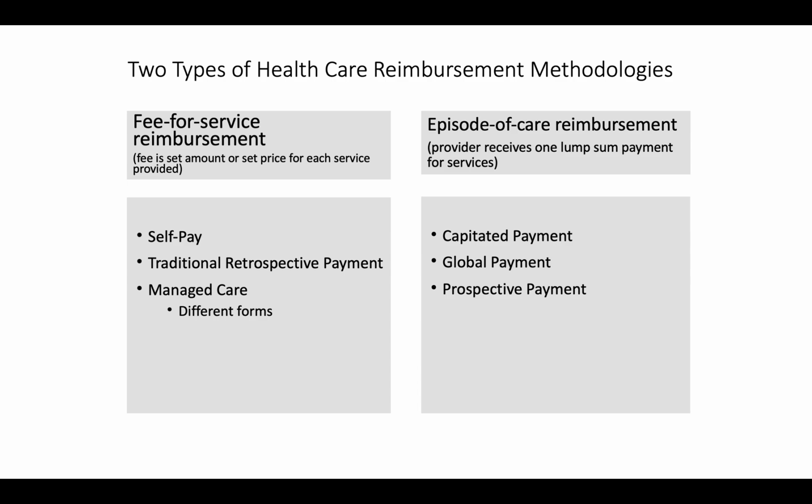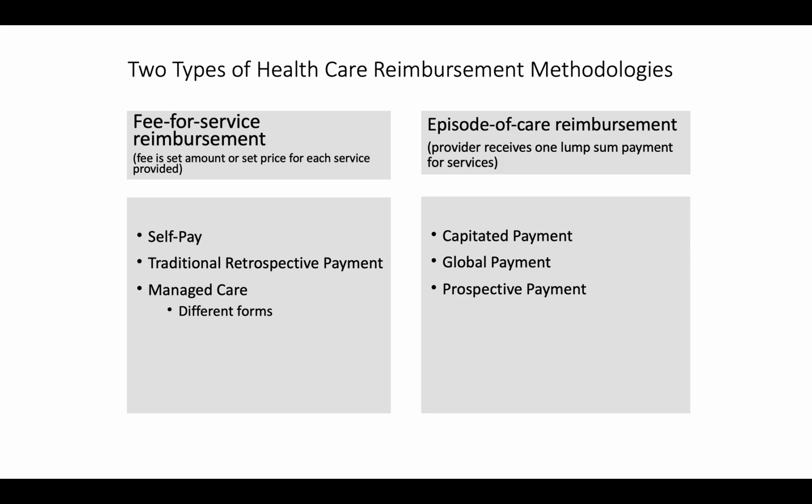We may say that there are two main types of healthcare reimbursement methodology. As a hospital, in the first type, fee for service, whatever I provide, I get paid for. The second type is what I described earlier as a package. The proper term for it is episode of care reimbursement.